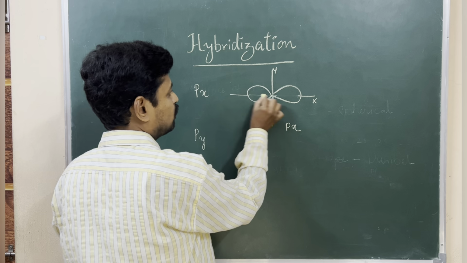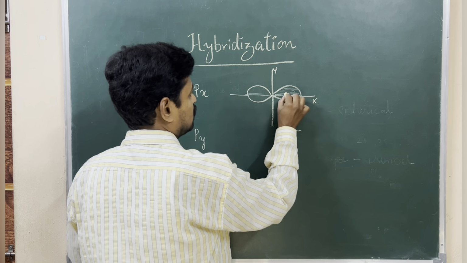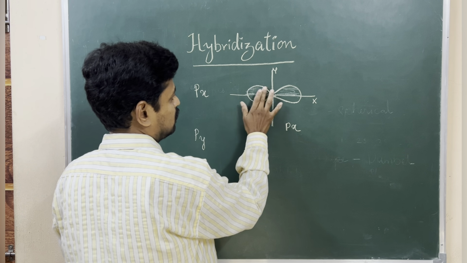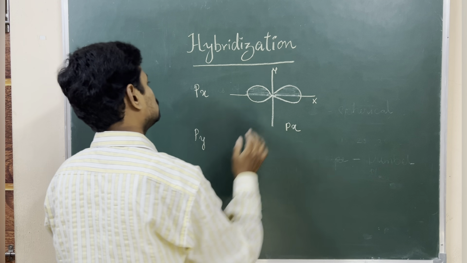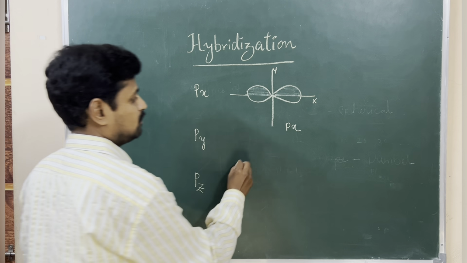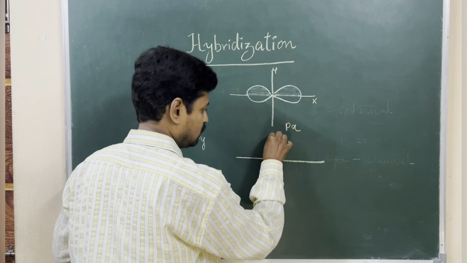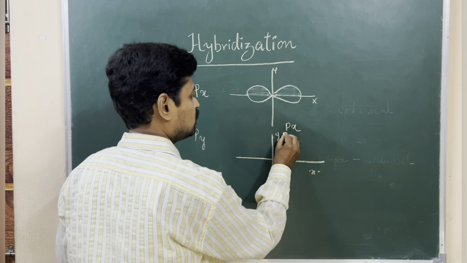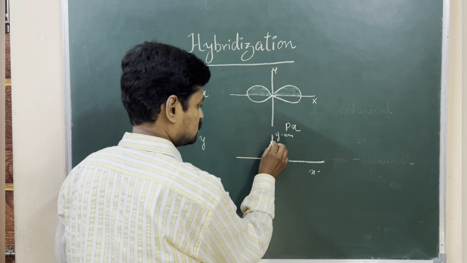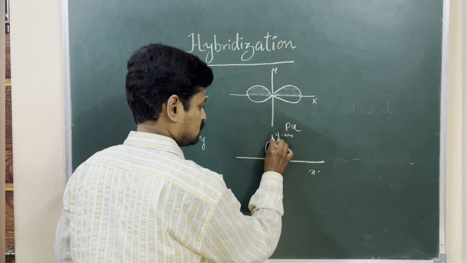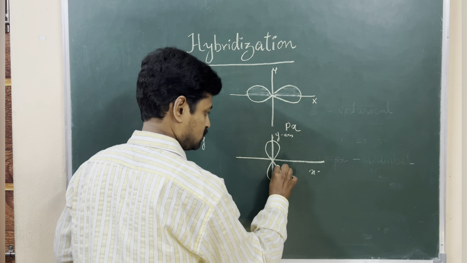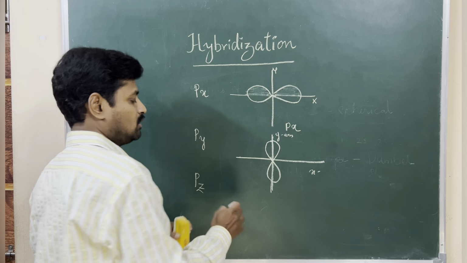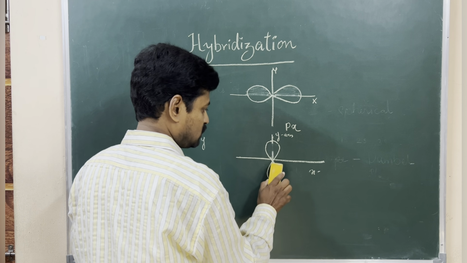See, the entire cloud is on the x axis. Now 2py: again the x axis and y axis, and here the cloud will be on the y axis.